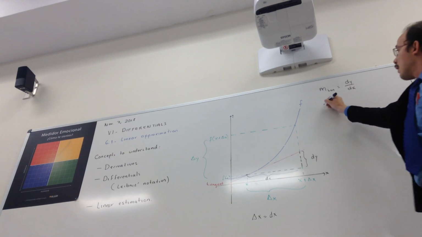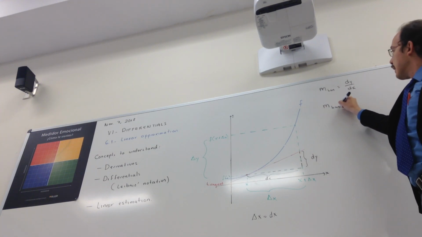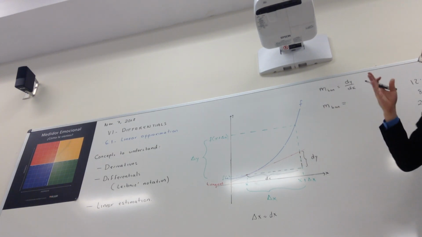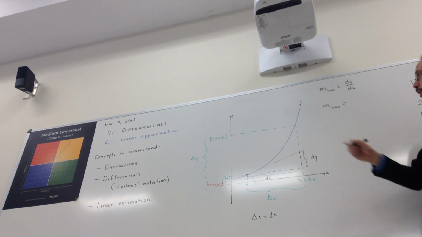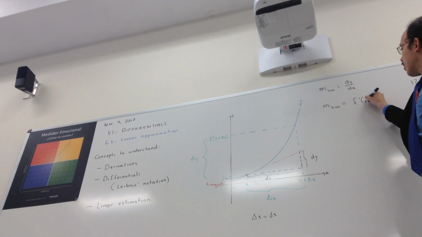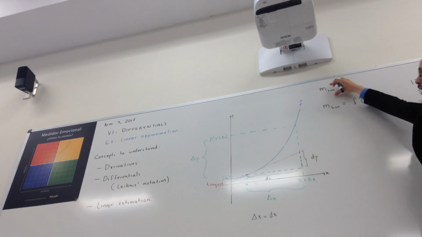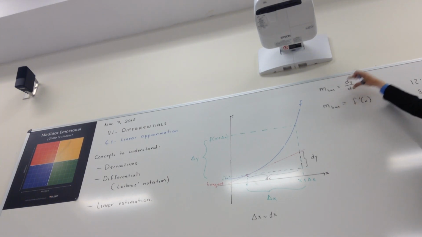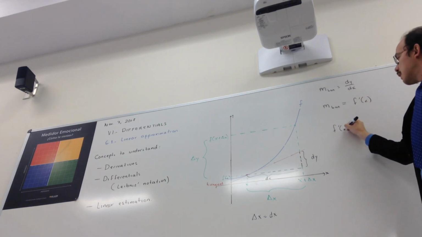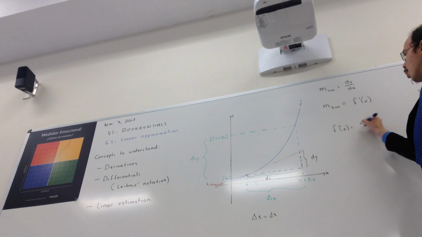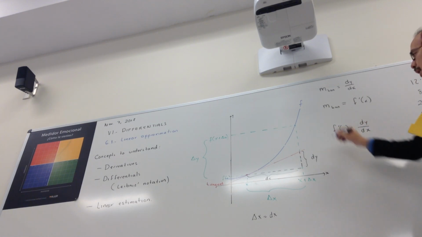And if you remember, from the first partial, the slope of the tangent line is also equal to something else. Remember? The derivative. Very good. That means that those two are going to be equal. So the derivative is dy over dx.